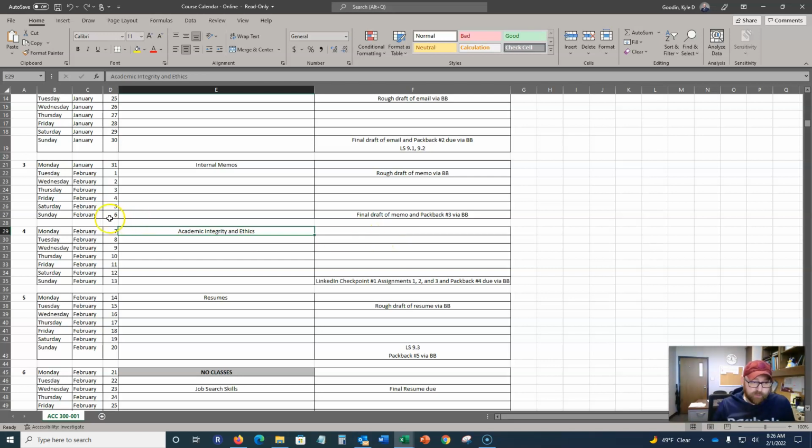But it would be due this Sunday, the 6th. Those questions would be due to me on Sunday, the 6th. Okay, so again, be looking on Blackboard. You know, with an online class, you should be checking Blackboard every day, several times a day, probably, if we're being honest. So check Blackboard for the requirements for those questions.